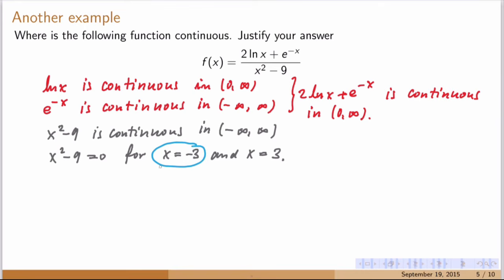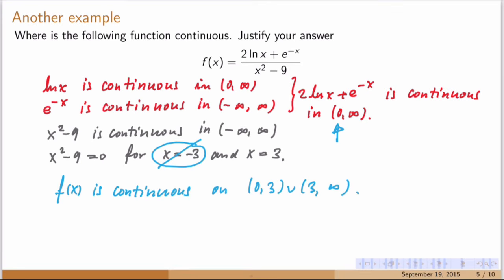This is not important because we know already that x can only be positive, otherwise the log function would not be defined. So the possibility x equal to minus 3 can be removed. So what do we keep? f of x is continuous on 0 to 3 union 3 to infinity. That's it.